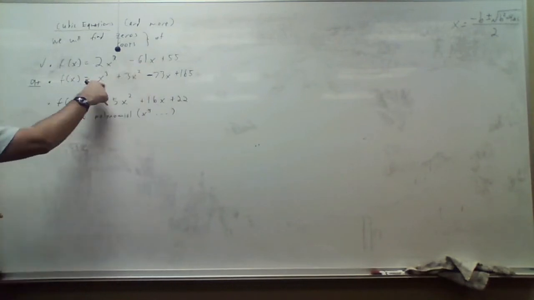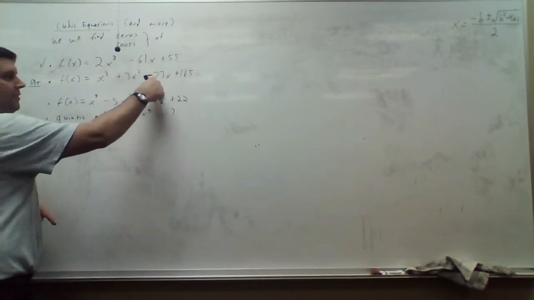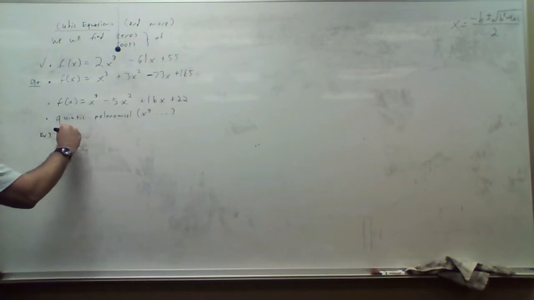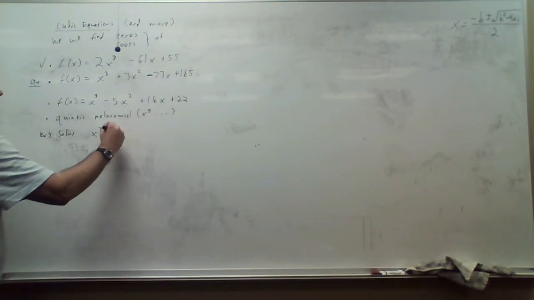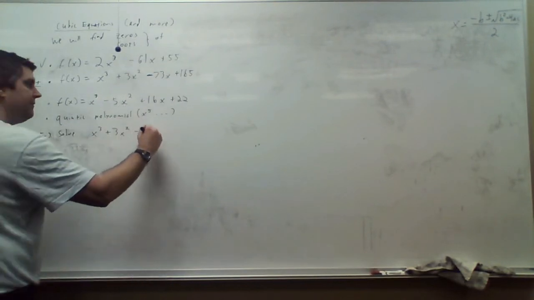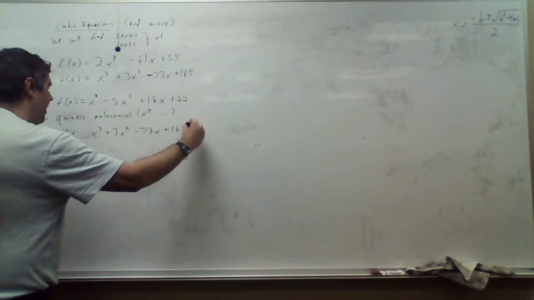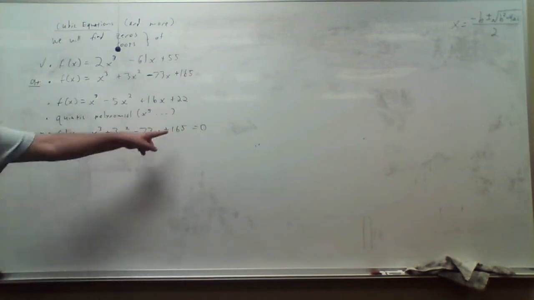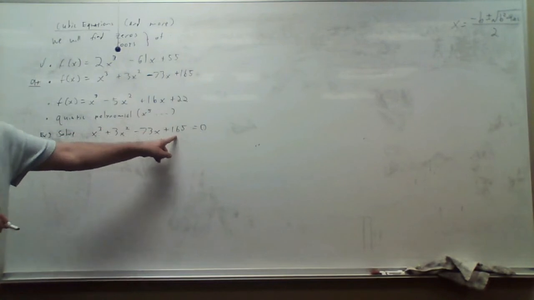F of x equals x cubed plus 3x squared minus 73x plus 165. So that means we will solve x cubed plus 3x squared minus 73x plus 165 equals 0. P is all my factors of 165.